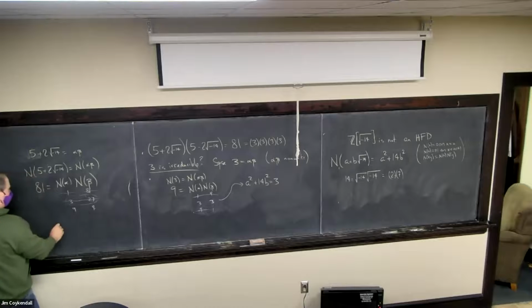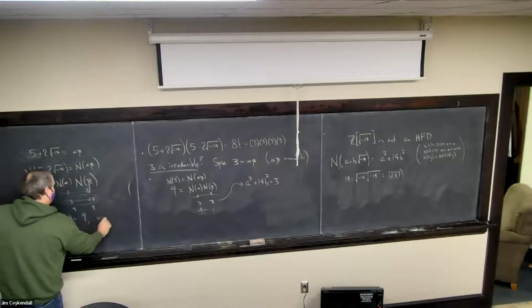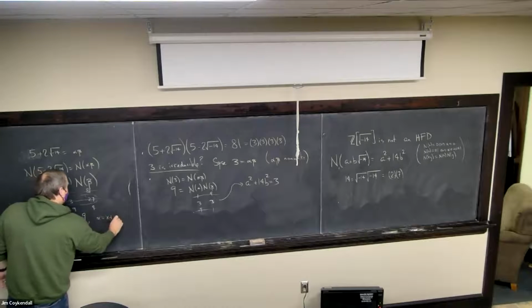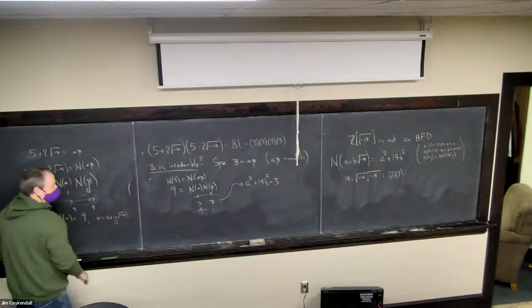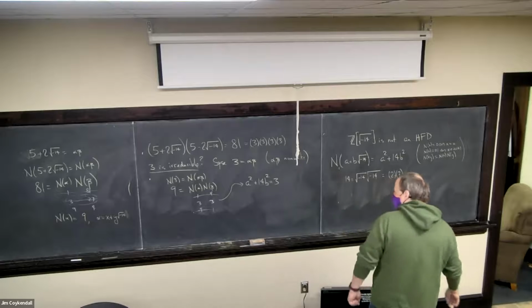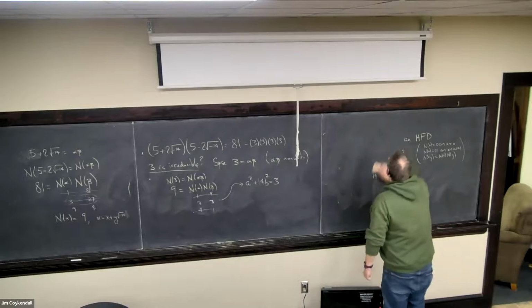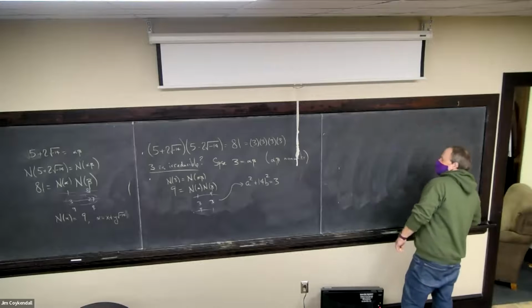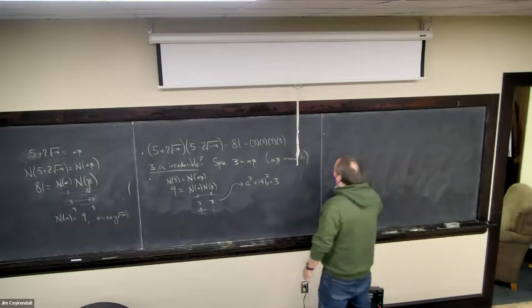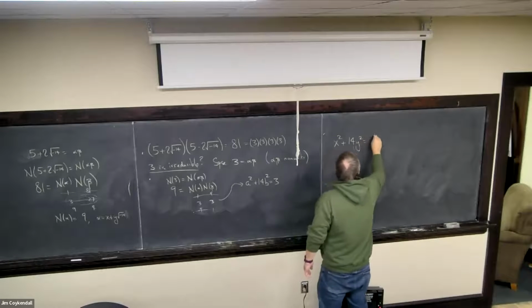So that means that you need the norm of alpha to be 9. And here we'll write alpha is x plus y radical negative 14. Well, with this one here, let's see what we got. x squared plus 14 y squared is 9.